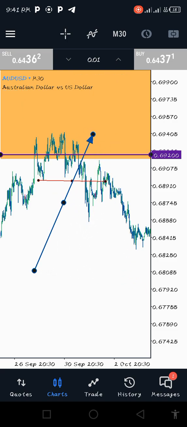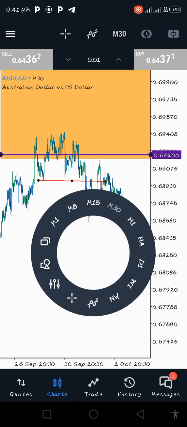So since we know that our major zones are drawn from the 4-hour time frame, we could go back to the 4-hour time frame. Remember, we are looking for a change of character in the 30-minute time frame, but major zones are drawn from the daily time frame or the 4-hour time frame.